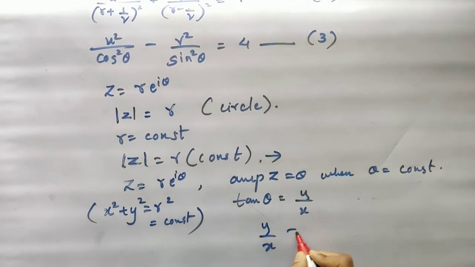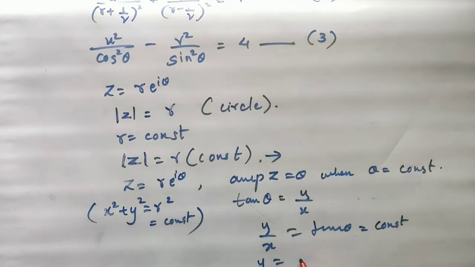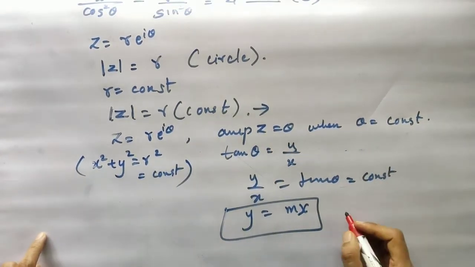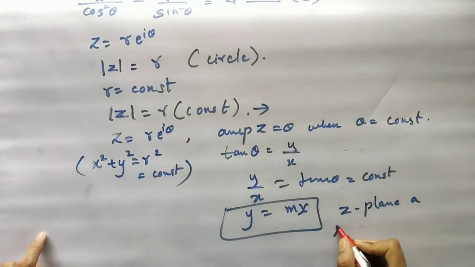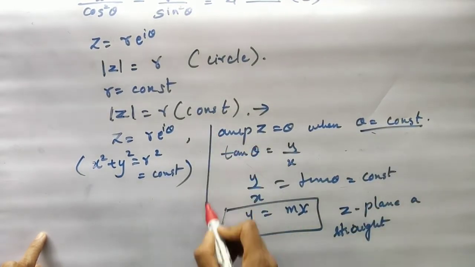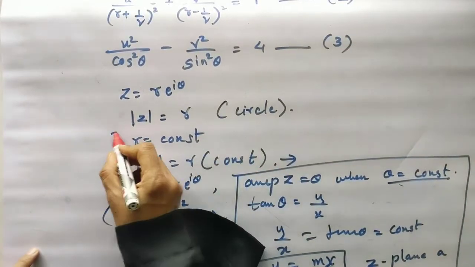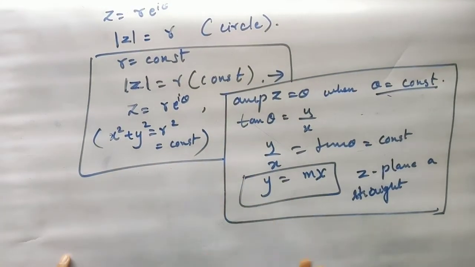So y divided by x is equal to tan theta, which is also constant, meaning y is equal to a constant value into x, I can say m into x, right? So theta is equal to constant represents a straight line in the z plane. Yes or no? If theta is constant, then y is equal to mx you will get. So for theta equal to constant you will have a line, and for r equal to constant you will have a circle like this. These two things you need to take care of.